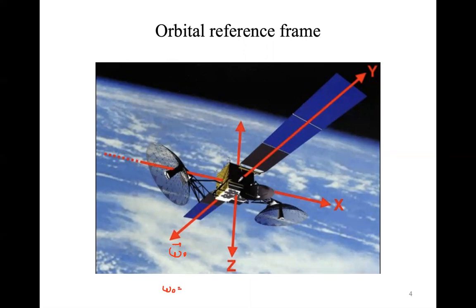You have to assume that the reference frame of the spacecraft is aligned to the orbital reference frame. So the x here should basically coincide with x of the body frame, same for y and same for z. Okay, so this is our main goal.